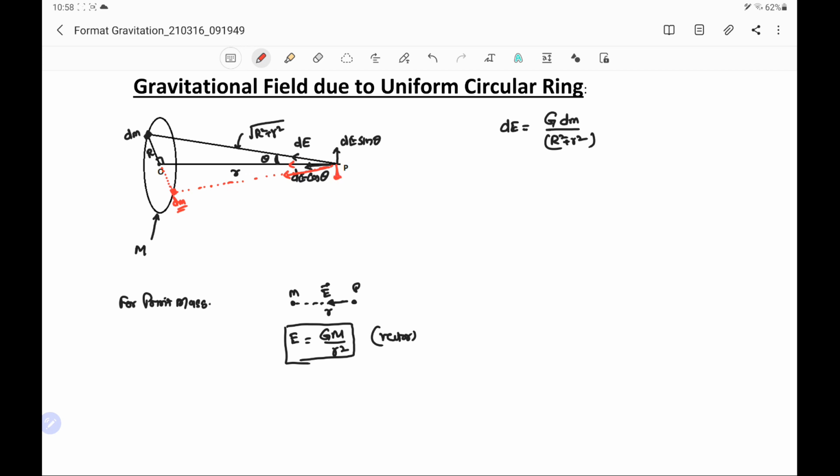These lengths of the arrows are not to scale; we have drawn them for clarity purposes. Otherwise, this is dE again because the mass is the same and the distance of this mass from the point P is also the same. Therefore, the magnitude of the dE will be equal to the above. On resolving this dE also, we get two components. One is dE cos theta, which is along the axis, and another is dE sin theta, which is below the axis. And this dE sin theta and dE sin theta will cancel out.